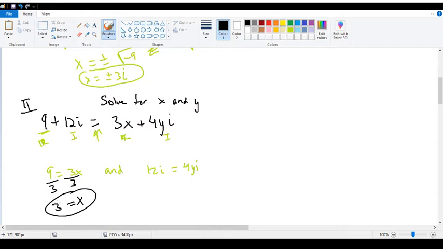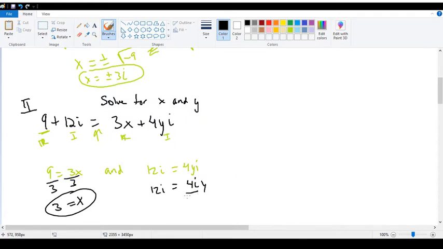Now, if I do the imaginary part, I want to solve for y. So notice how this is 4yi. I can rewrite this using the commutative property, which states I can write this as 4iy, and that's equal to 12i. Well, 4iy, that's basically multiplication, 4 times i times y.